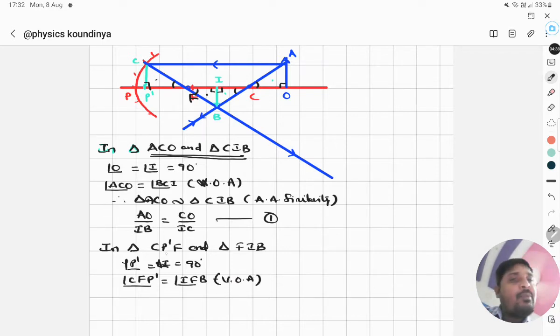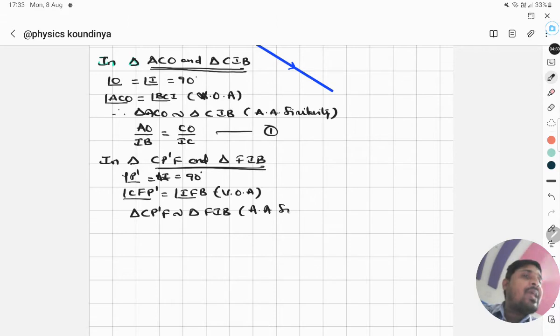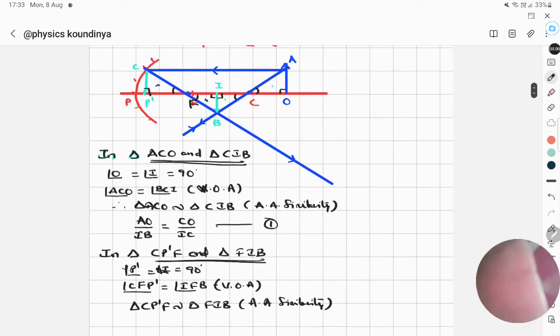So what can we say about these two triangles? These two triangles are also similar to each other. That means triangle CP dash F is similar to triangle FIB. The property is angle similarity. So what we can say now, if these two triangles are similar, then their corresponding sides are proportional.